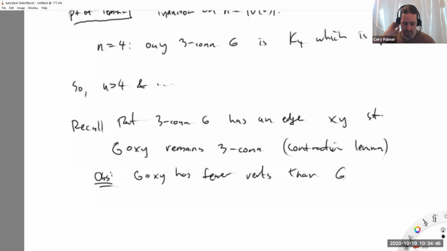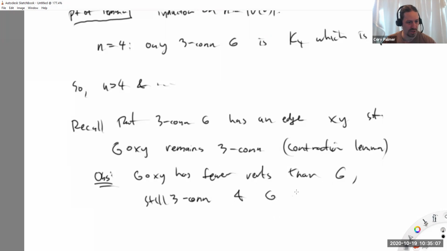So in principle, we can apply induction. It's still 3 connected. It better be 3 connected or we can't apply induction, right? So this is one of the issues here. If your graph is not 3 connected, you don't have this edge to contract. There's no obvious way to go forward with the induction. I want to maintain 3 connectivity. So that's why we're doing the lemma here.